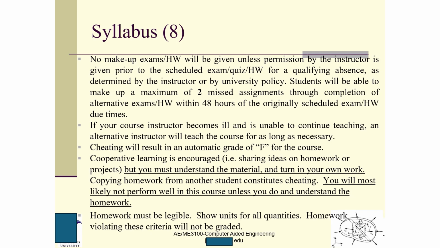You will most likely not perform well in this course unless you do and understand the homework. Homework must be legible and show units for all quantities, because for mechanical engineers, aerospace engineers, and any engineers, units matter a lot. Homework violating these criteria will not be graded.